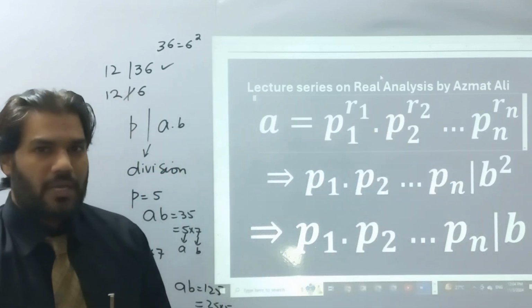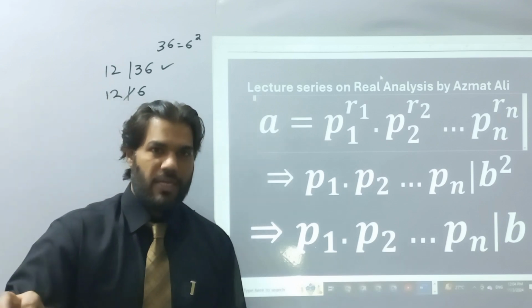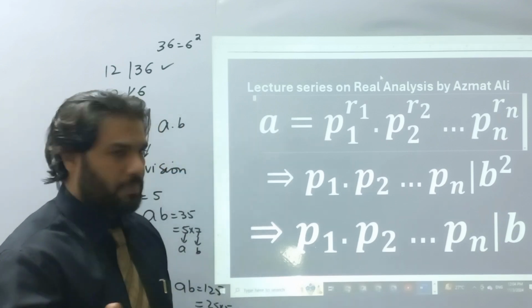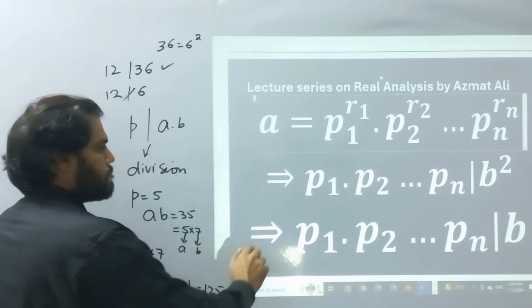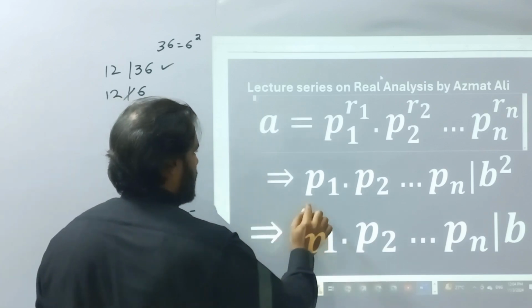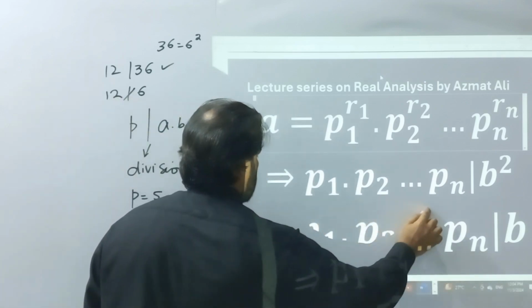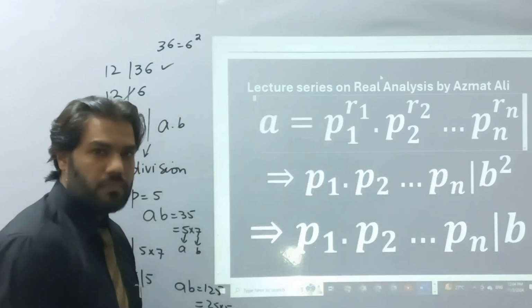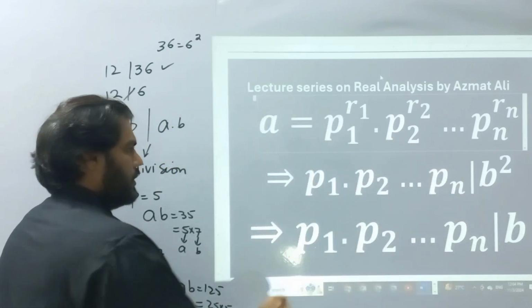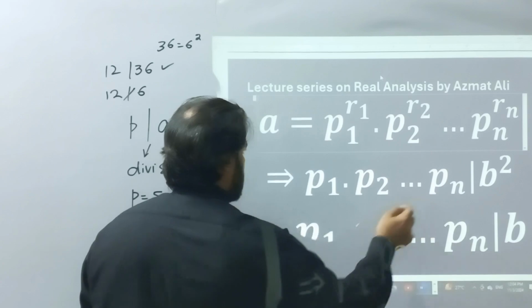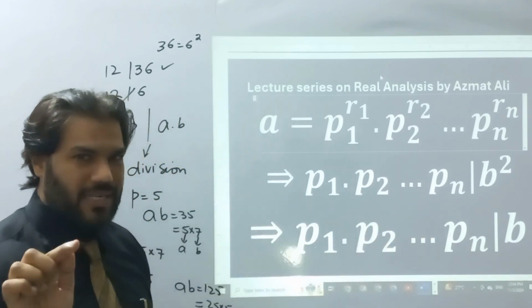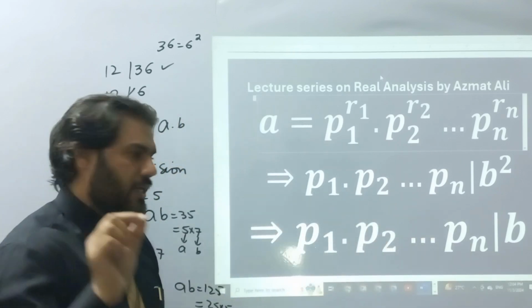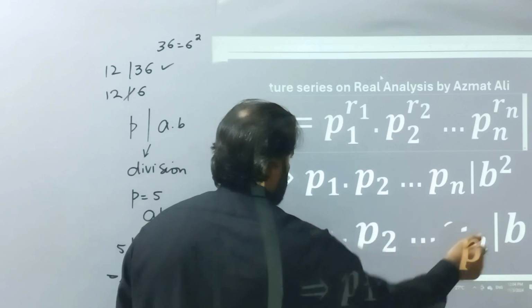Meaning to say, in the prime factorization of A there are n primes with repetitions. Then it must always be that the product of these distinct primes divides B square. And if p1, p2, pn are distinct primes that divide B square, then it must be that they divide B without square.